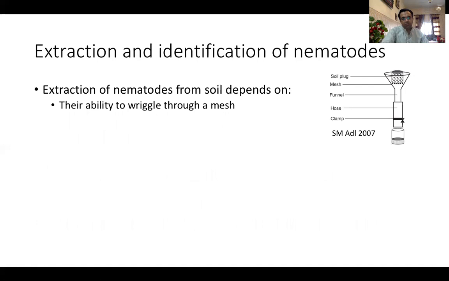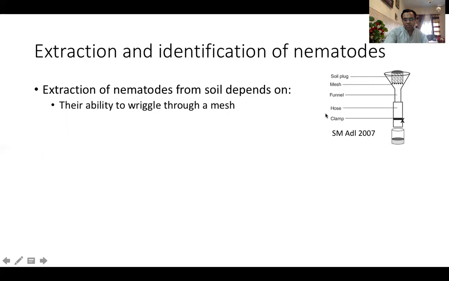Now we talk about the extraction or identification of nematodes. The extraction of nematodes from soil depends on their ability to wriggle through a mesh. If you see this picture, here you see a mesh, and here you place the soil.